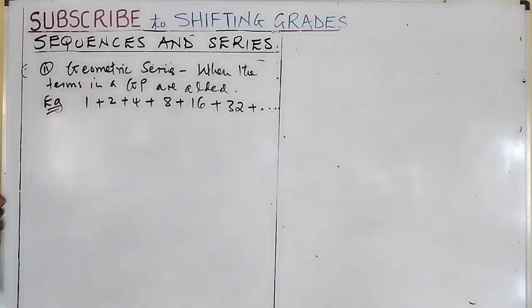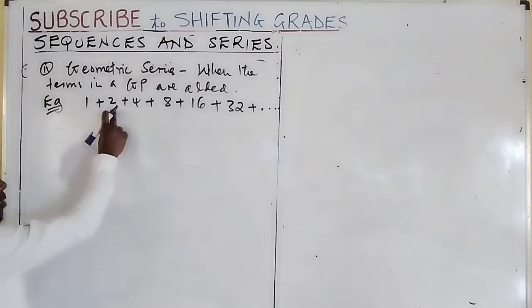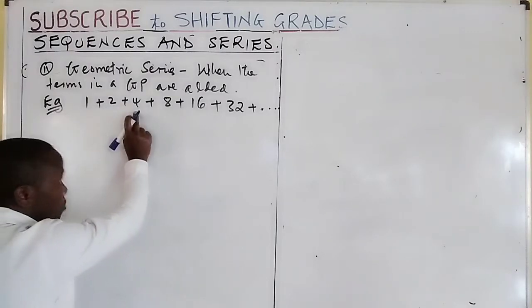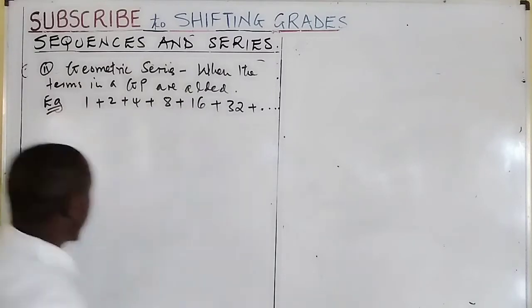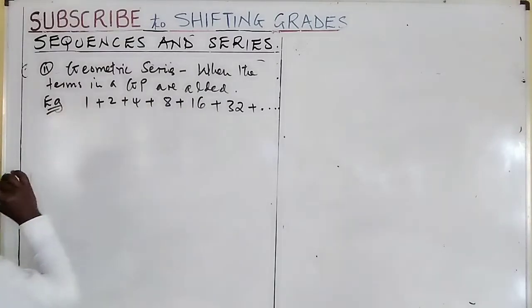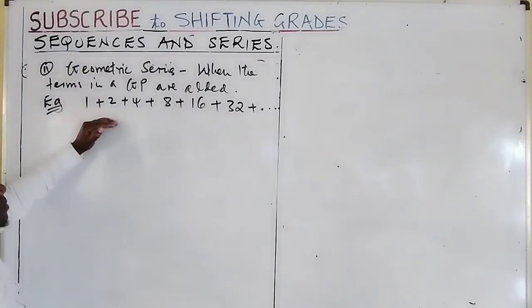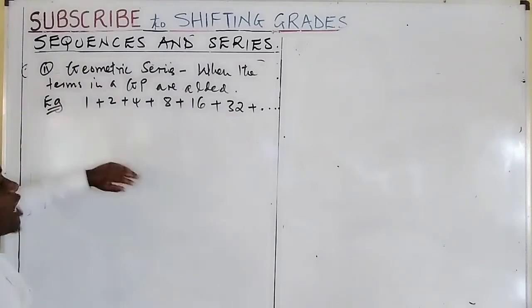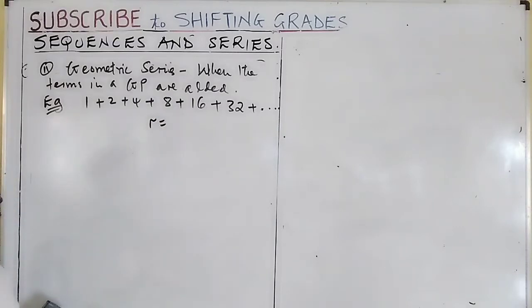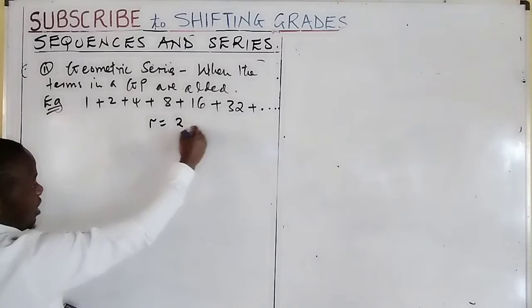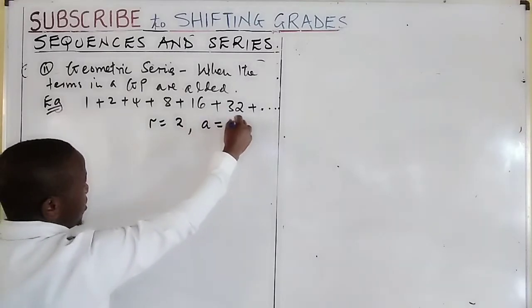From 1 to get 2, we've multiplied by 2, from 2 to get 4, multiplied by 2, from 4 to get 8, multiplied by 2, from 8 to get 16, multiplied by 2, and so on. Because they are terms in a geometric progression, there is a common ratio, which is 2, and the first term, which is 1.